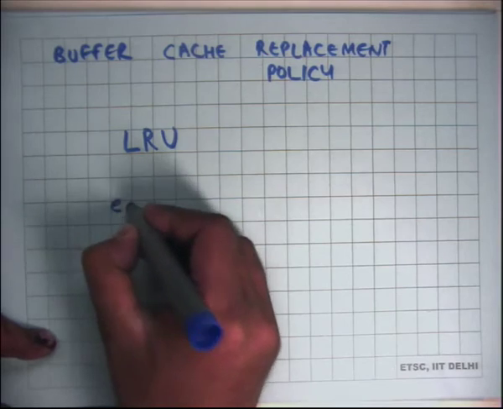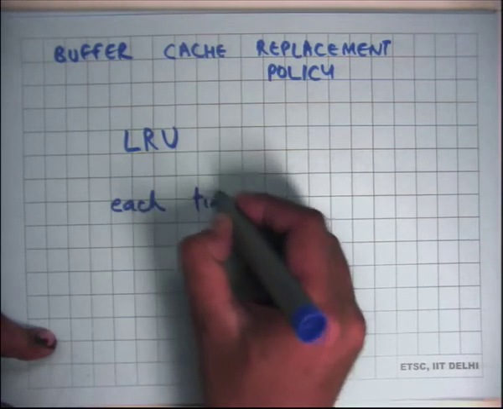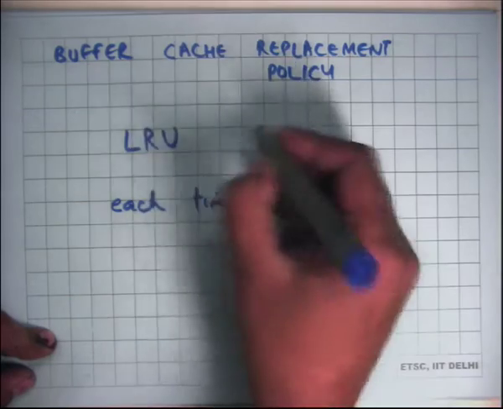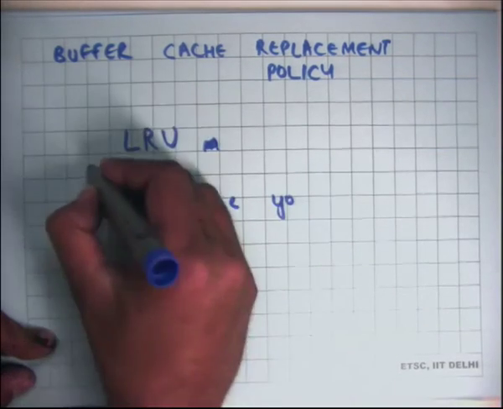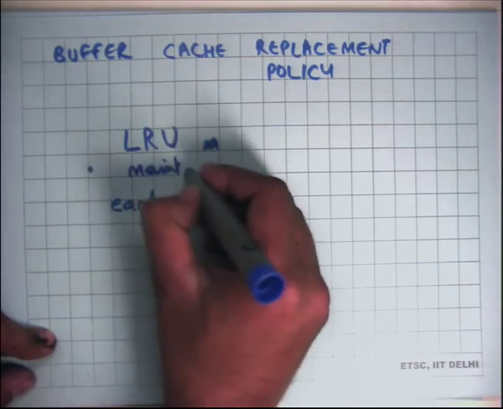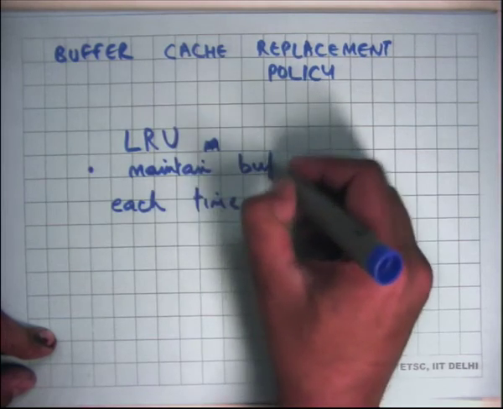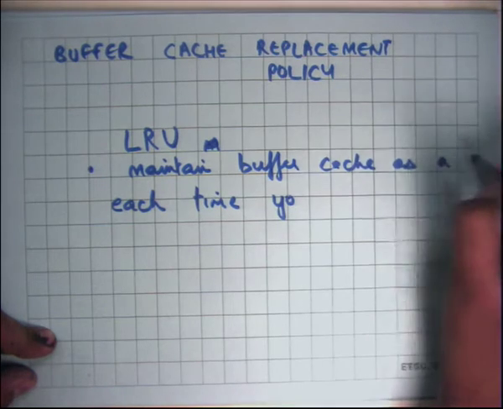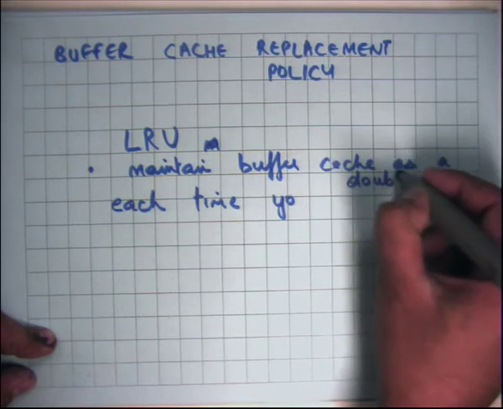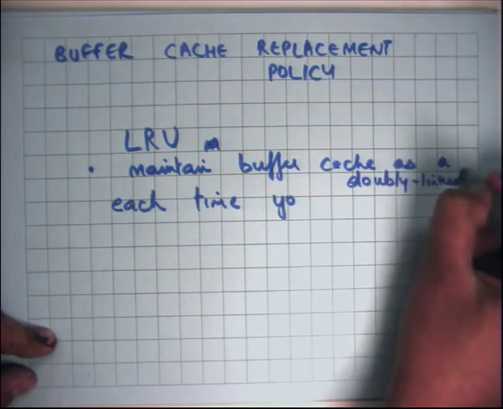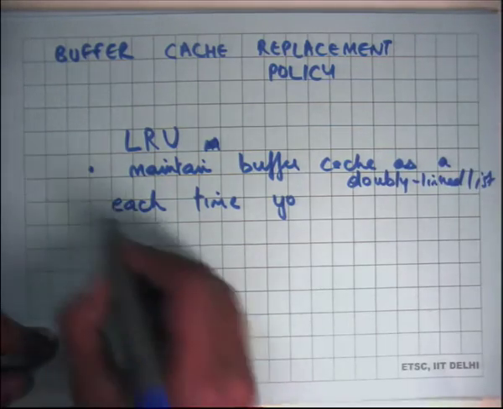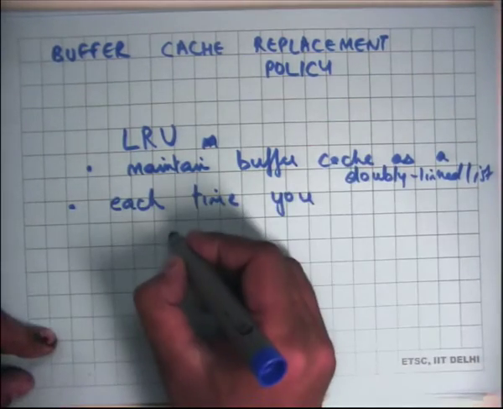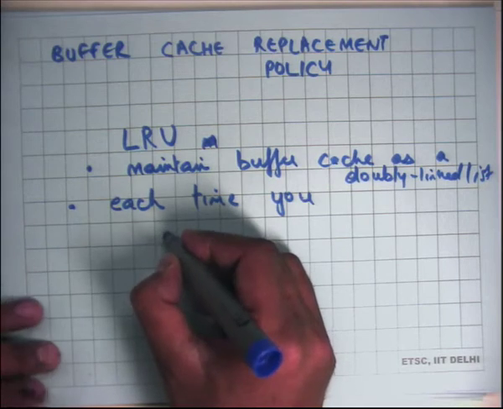Each time you release a buffer, so how is it implemented? Maintain buffer cache as a doubly linked list. And each time you, instead of access, I'm going to say release a buffer.